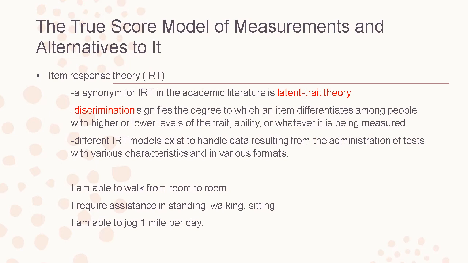However, in IRT, these are measured based on the differential weights assigned to them. So, the first sentence may earn more points than the second sentence, or the third sentence may earn more points than the first sentence.